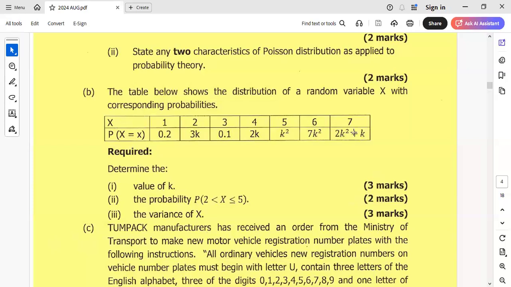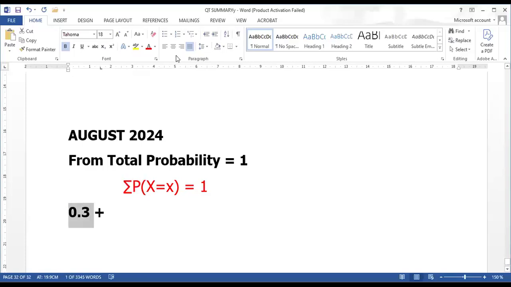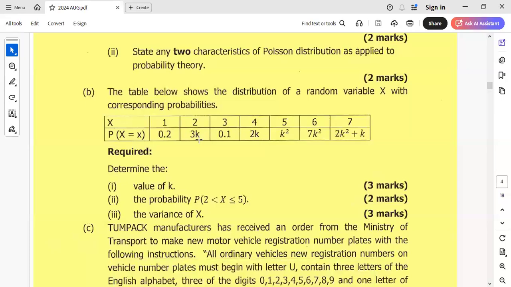So, add the squared terms separately, add the ones with only k separately, and add the ones without k separately. So 0.2 plus 0.1, you get 0.3. Then I add the ones where I have only k: 3k plus 2k is 5k, then plus this k, that is 6k.